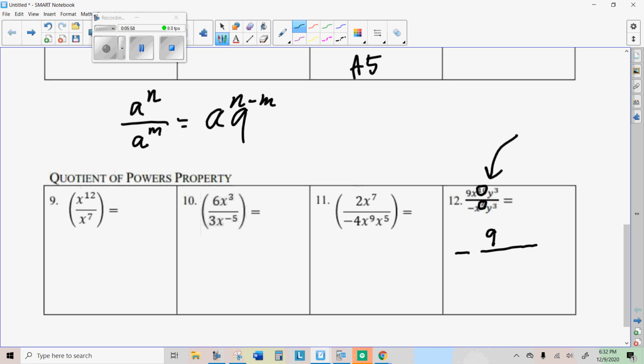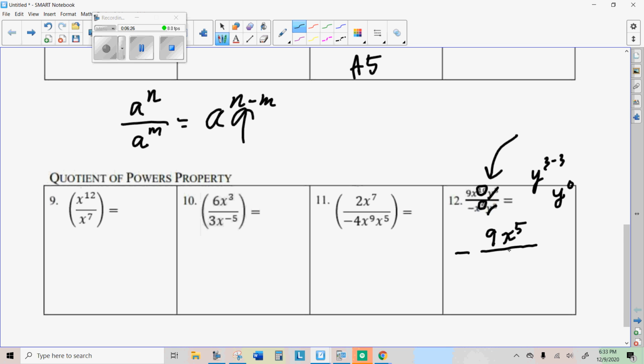That's what this quotient of powers property is saying. And 10 minus 5 is 5. That's a positive 5, so I'm going to put that there. And then for the y's, I'm going to do 3 minus 3. Well, 3 minus 3 is 0. And anything to the 0 is just 1, so basically those cancel each other out.